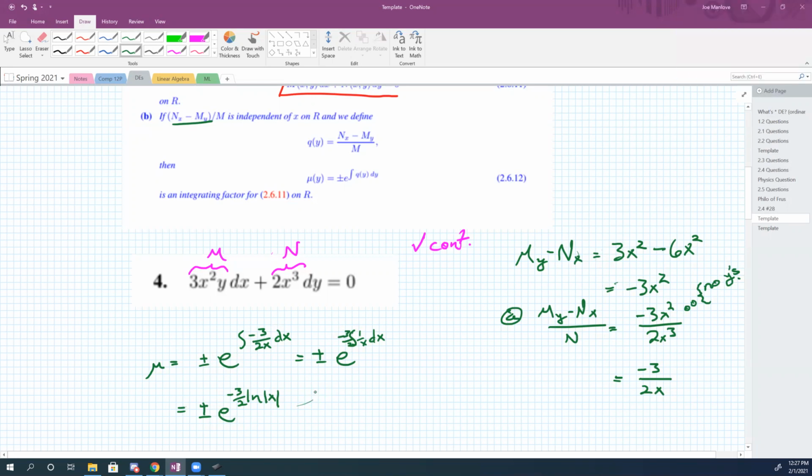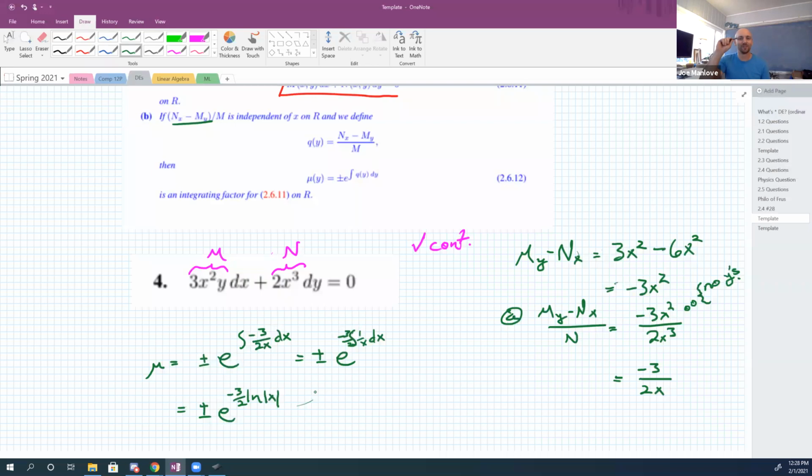Is it just because you're making a different equation anyway? Yeah, you're multiplying both sides of this equation through by this plus or minus. The right-hand side's 0, and the left-hand side's just a sum. The only thing I really care about is the test for exactness, and the plus or minus isn't going to make any difference in that test. It's going to be exact either way. The only reason they put it in here is if you have two negative terms, you can make them both positive and just make your life a teensy bit easier.